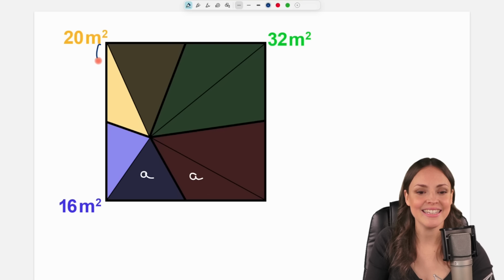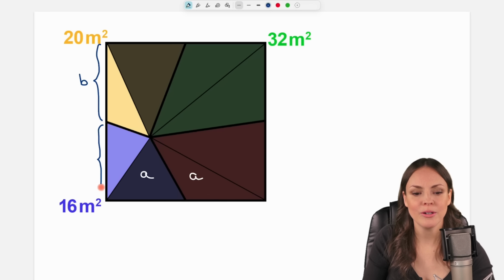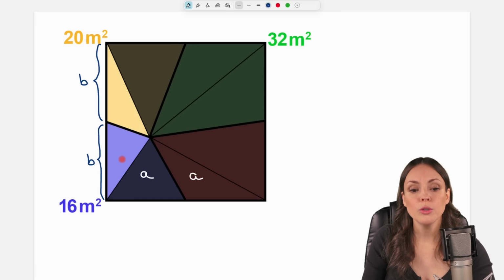I take this here as my base. I know that this part here is of the same length because this was the midpoint, so I have my same base here. Now, my height of this blue triangle, it's perpendicular to my base and passes through the opposite point here.